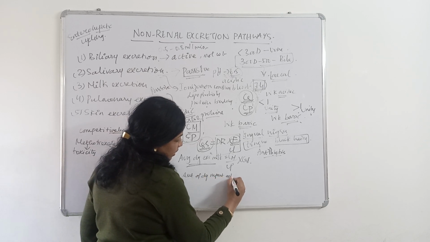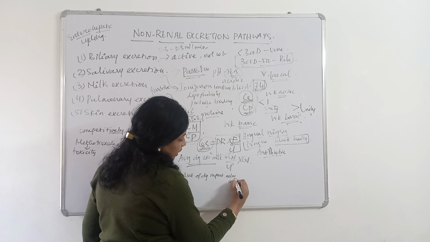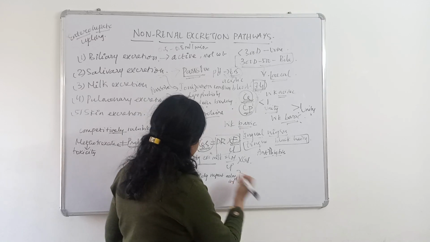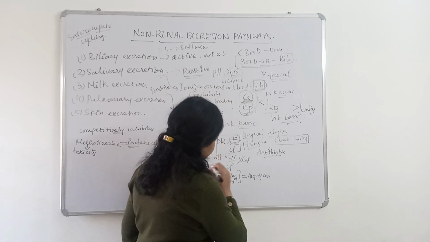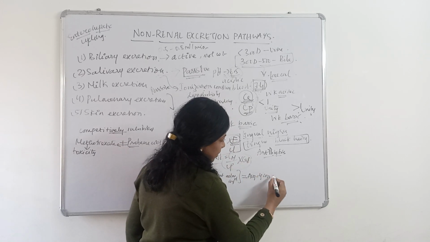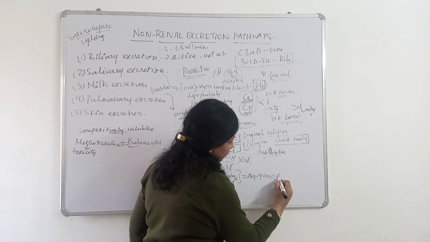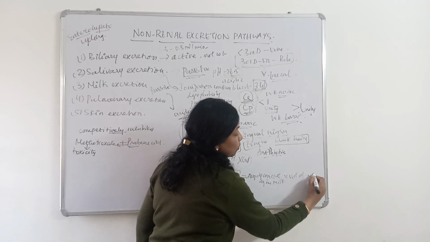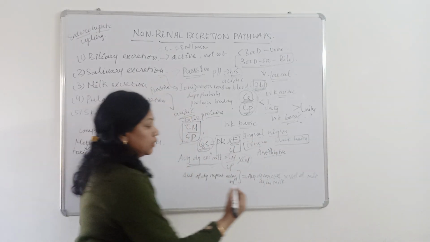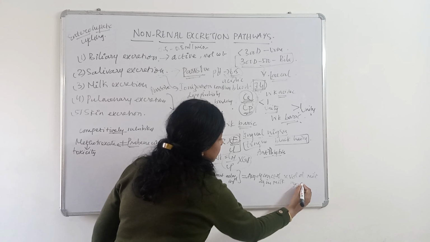The amount of drug the infant will ingest is calculated by multiplying the average drug concentration present in milk, which we calculated by multiplying M/P and CSS, by the volume of milk the child has ingested.